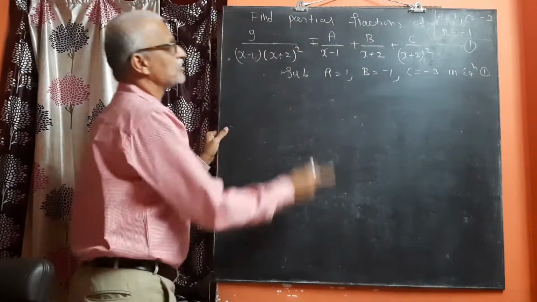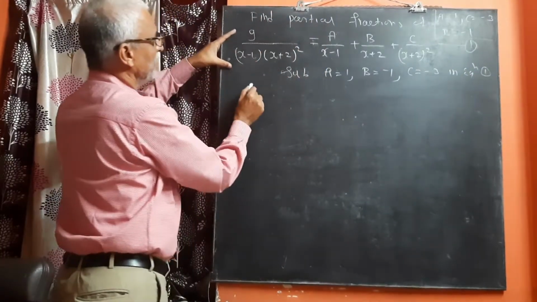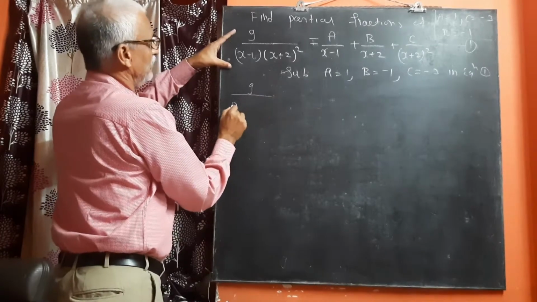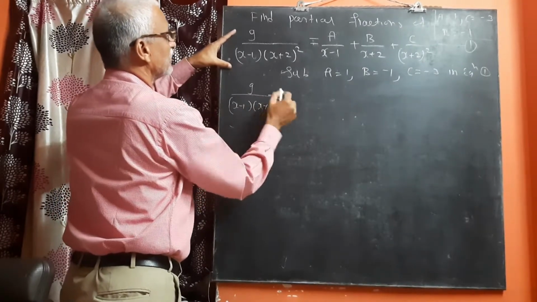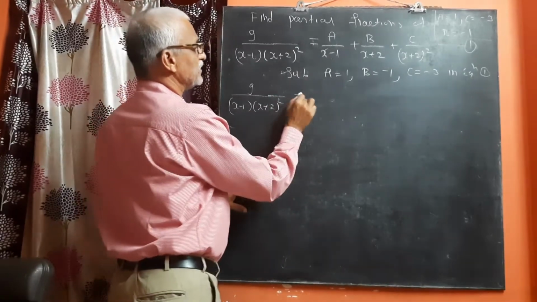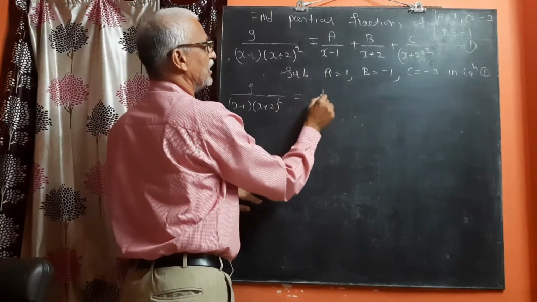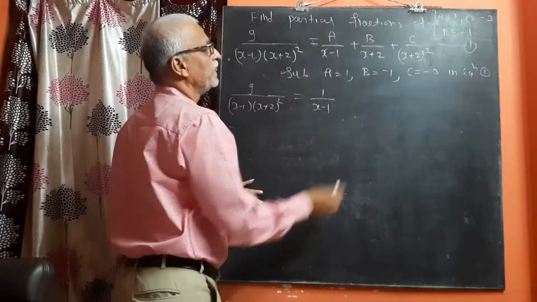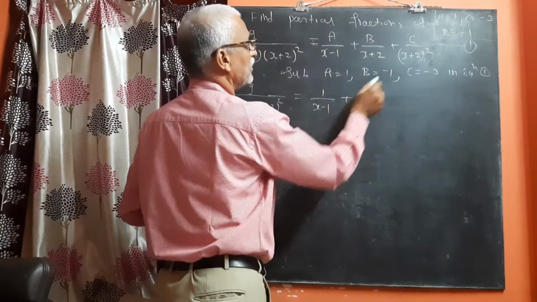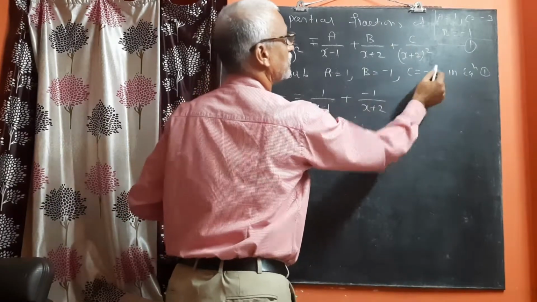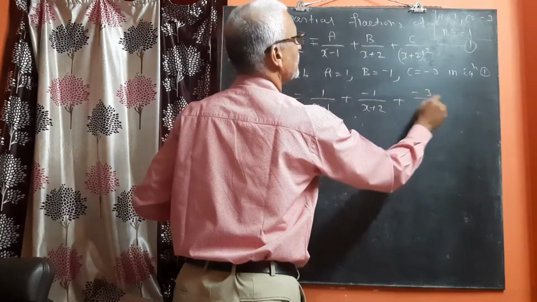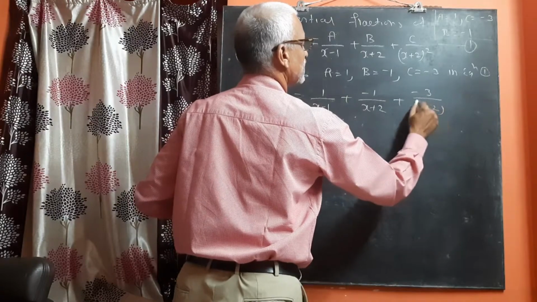Equation 1 was 9 divided by x minus 1 into x plus 2 the whole square is equal to a, which is 1 upon x minus 1, b we have got -1 so -1 upon x plus 2, c we have got -3 so plus -3 upon x plus 2 the whole square.